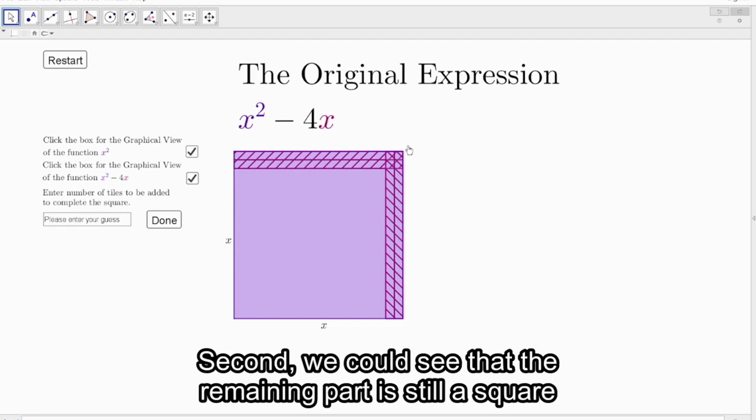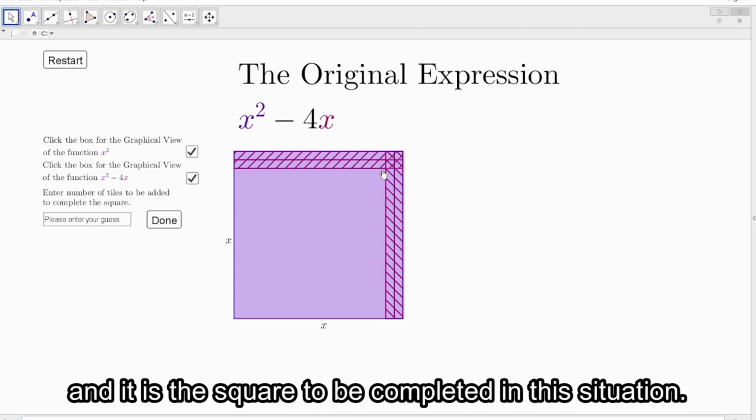Second, we could see that the remaining part is still a square, and it is the square to be computed in this situation.